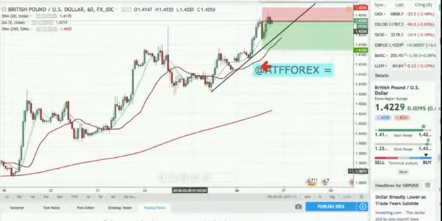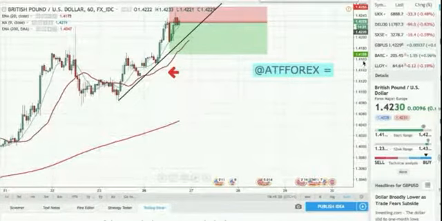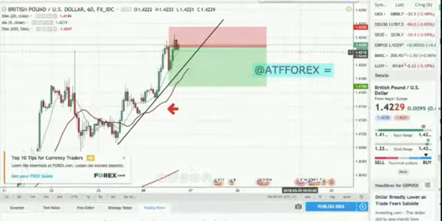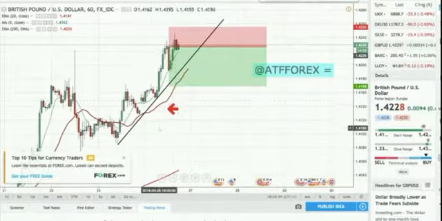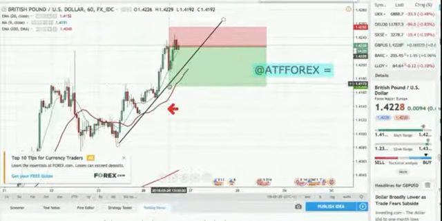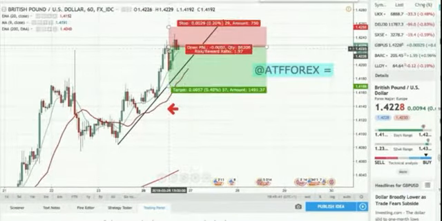So this is what that trade actually looks like. If I zoom this into the 1 hour chart, our entry was at 1.4225, and you can see we entered this, I believe it was 20 past 12 earlier today, and we just plummeted.